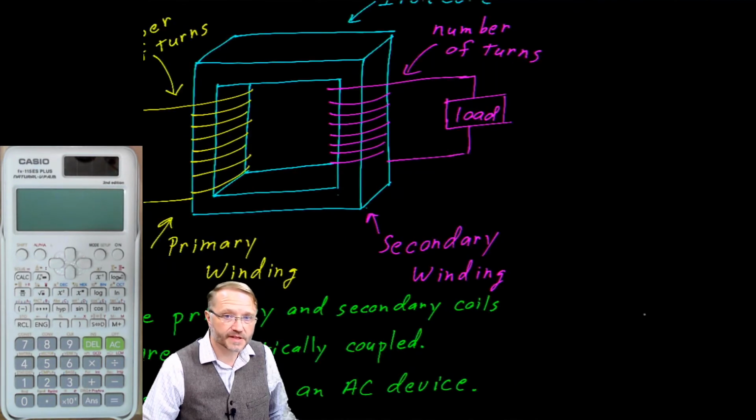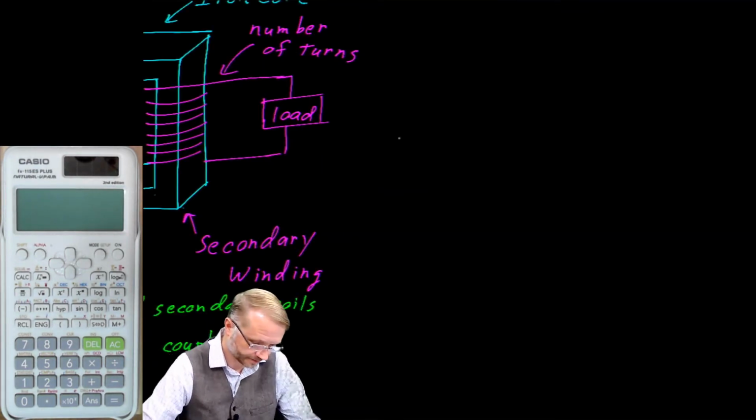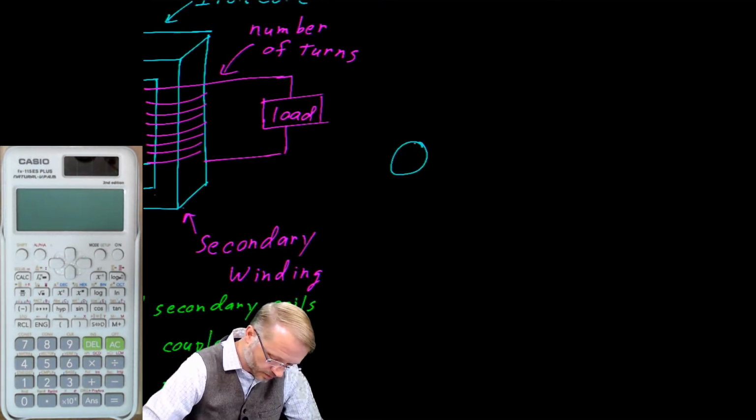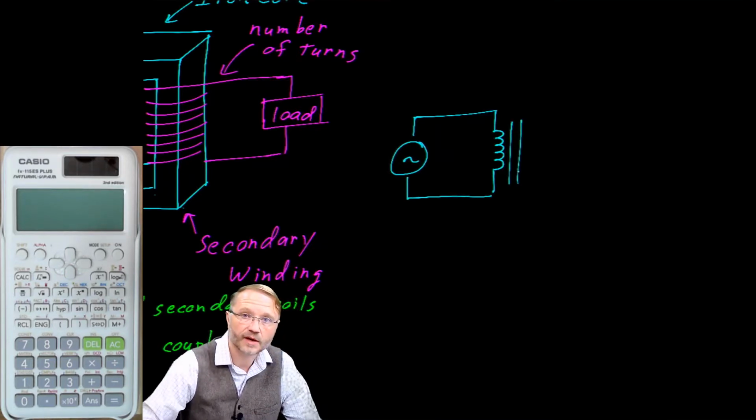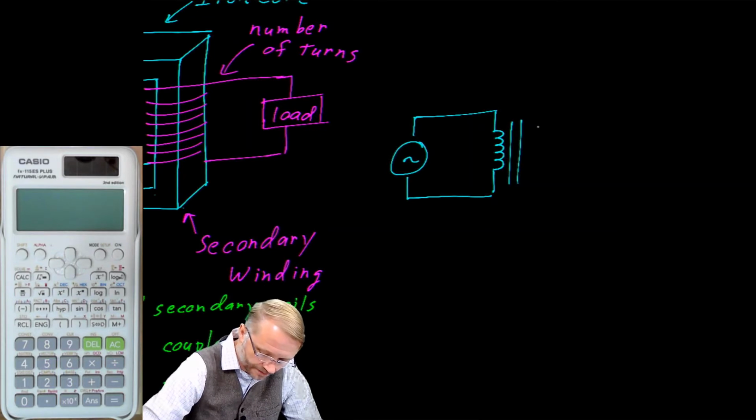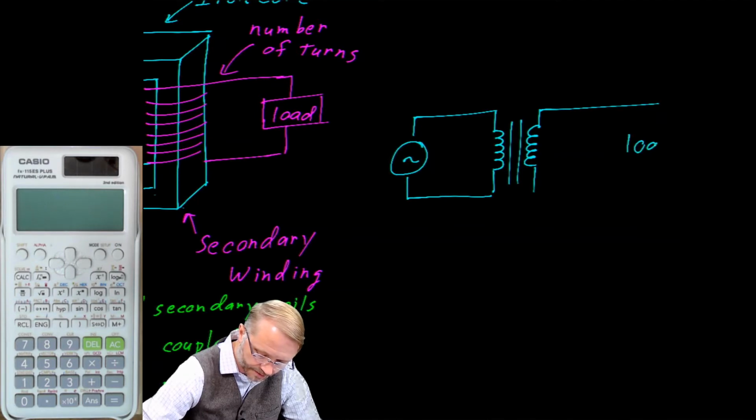We can sketch the schematic for the transformer. We start with the source. Here is our primary coil. We put 2 bars here. That's representative of the iron core. And then we have our secondary winding, and finally the load.